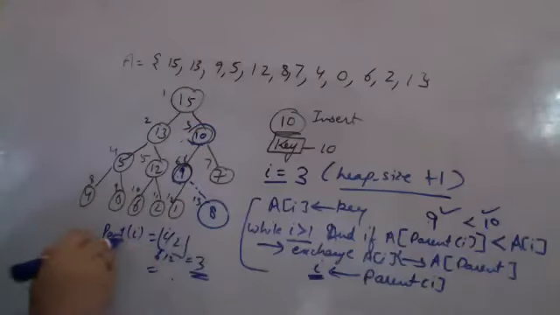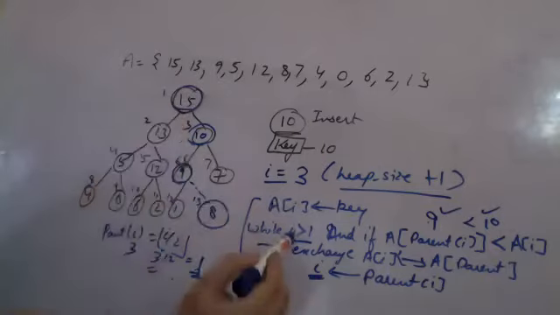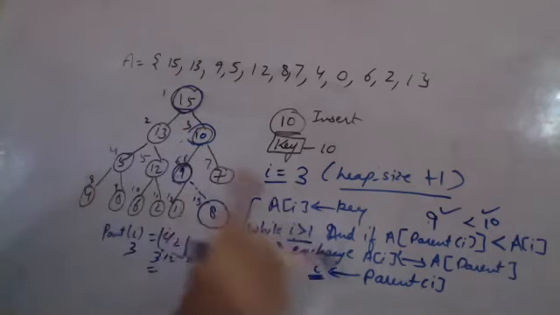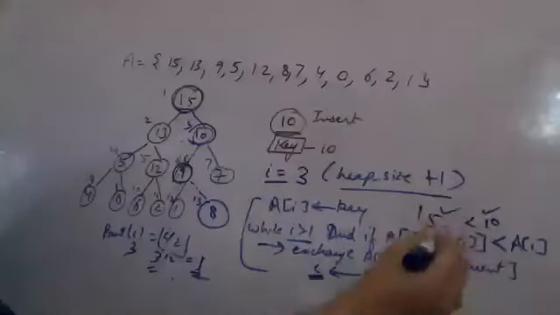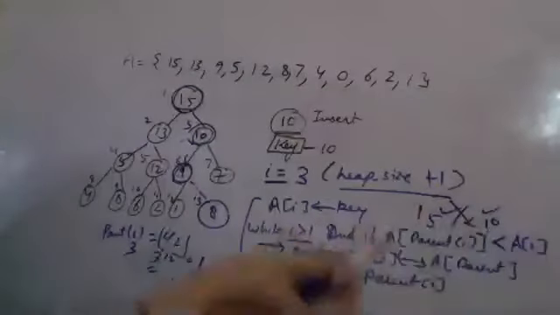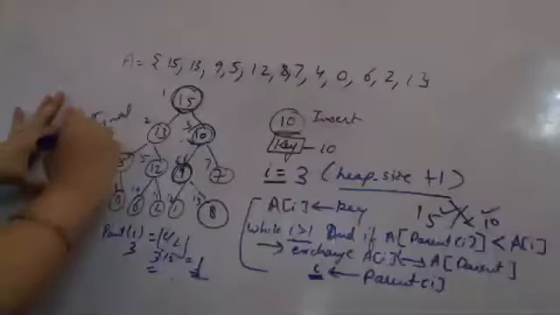I again calculate the parent of 3. Parent of 3 comes out to be 1. I again check i is greater than 1, 3 is greater than 1 is true. Parent of i now is 15. 15 less than 10 is not true. Come out of the loop. This is my final heap. I have done insertion.